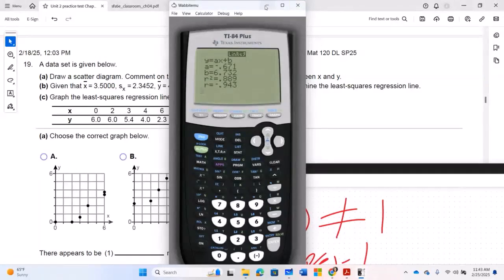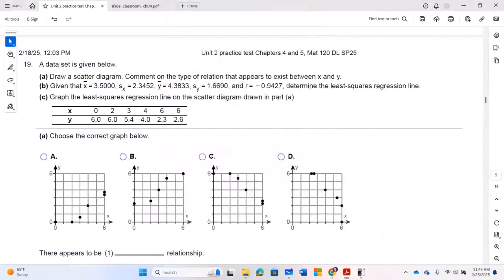All right. The next question says, given that the mean of x is 3.5, the standard deviation of x is 2.3 something, and the mean of y is y bar, x bar is 4.38 something, and the standard deviation of y is that, and r is that, determine the least square regression line.